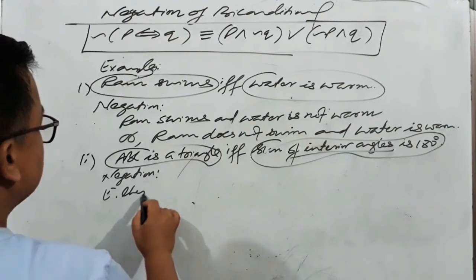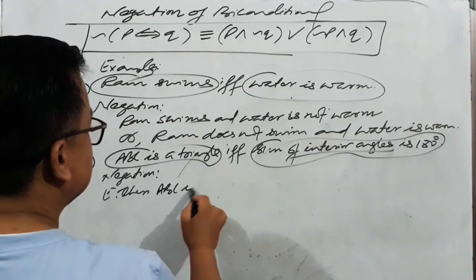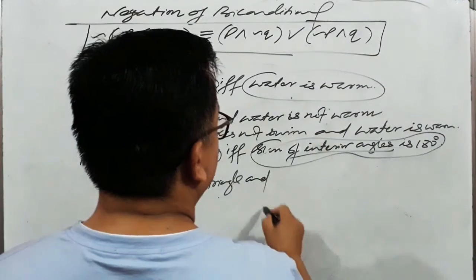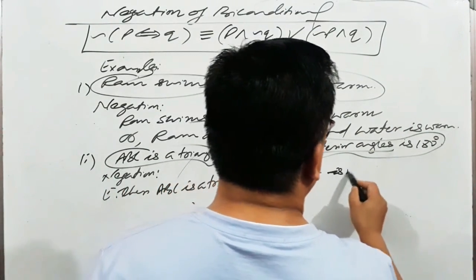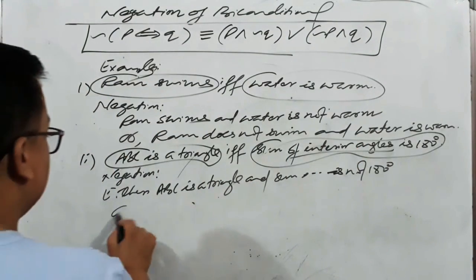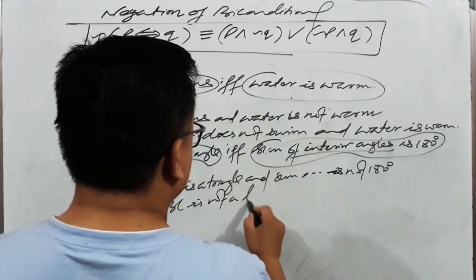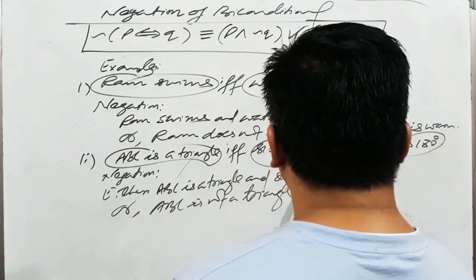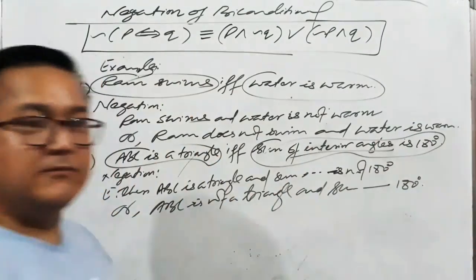Either way you may start, no problem. ABC is a triangle and the sum is not 180 degrees, or ABC is not a triangle and the sum is 180 degrees.